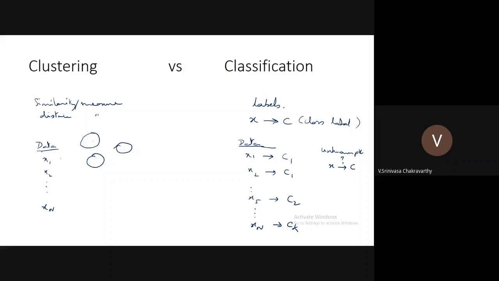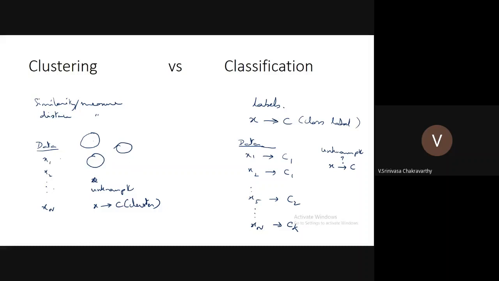So in this case, data is given, similarity measure is given, and then you have to tell, if you have an unknown point, which cluster C it belongs to. So there's a subtle but very important difference.